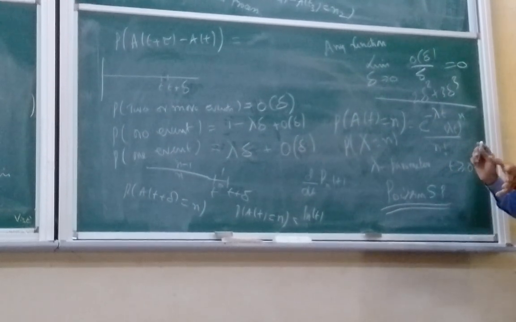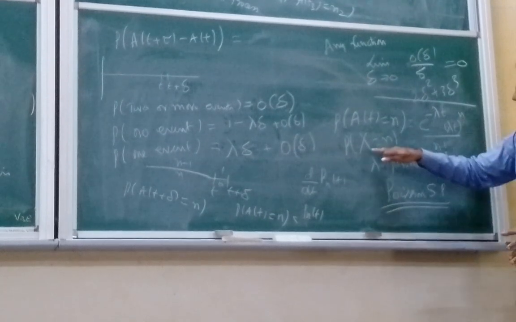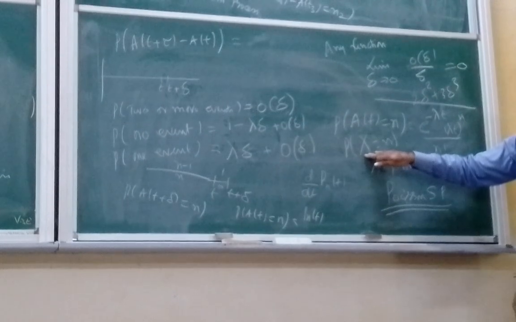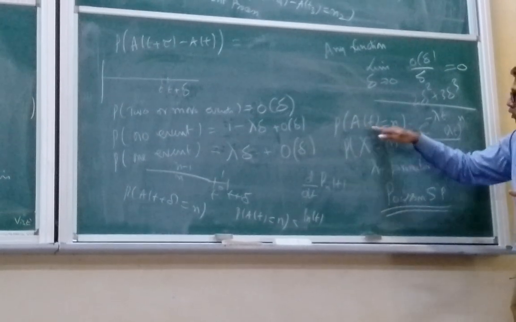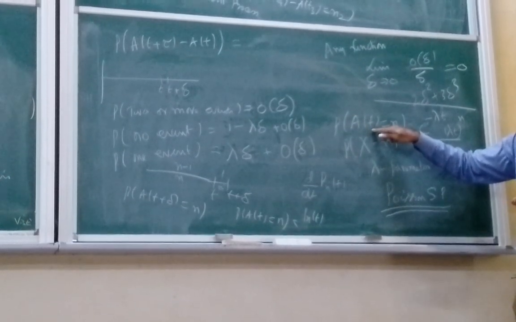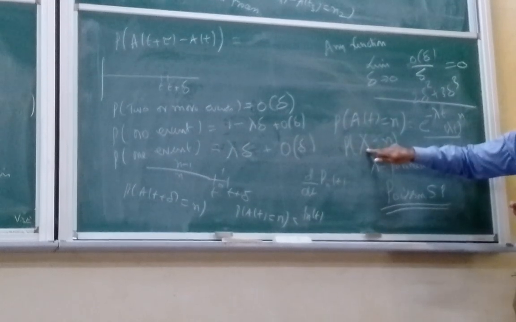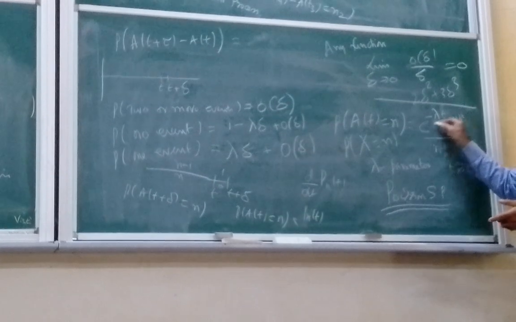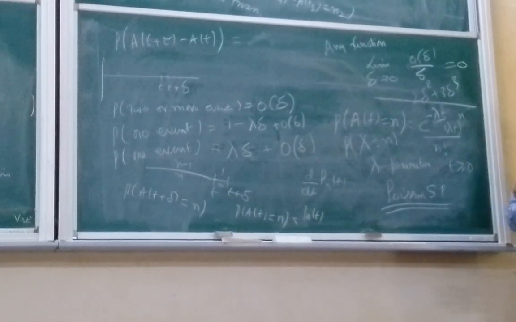But here, this random variable is the number of events in a duration t. It is a function of t. For a different t you will get a different random variable, and that is why the parameter becomes lambda t instead of just one quantity lambda.